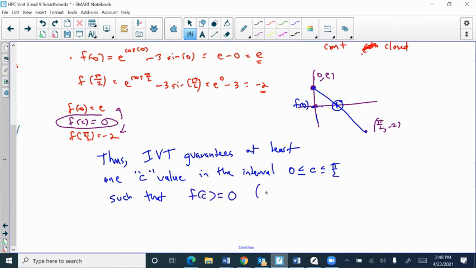And I could say since 0 is in the interval of negative 2 less than or equal to a y value is less than or equal to e.